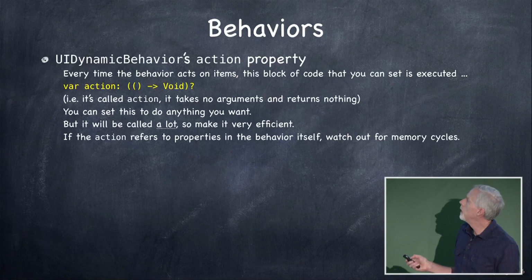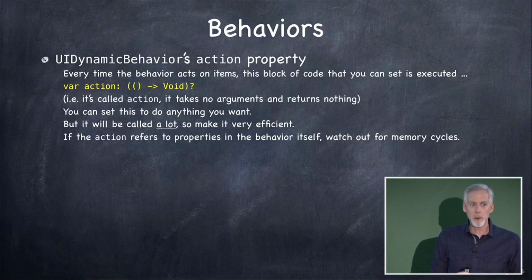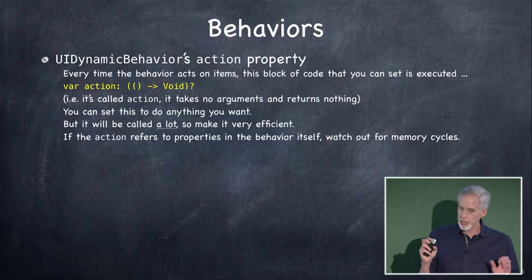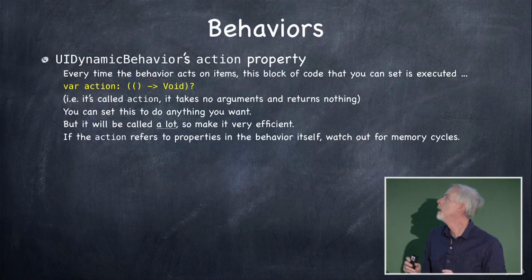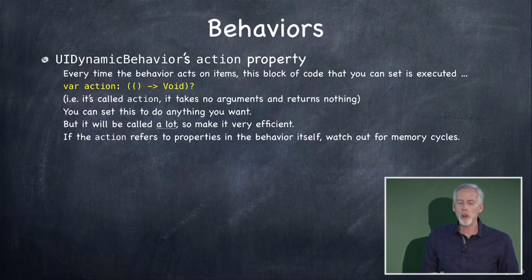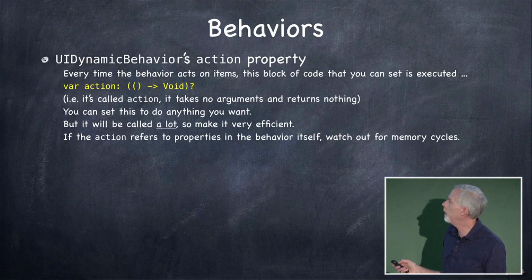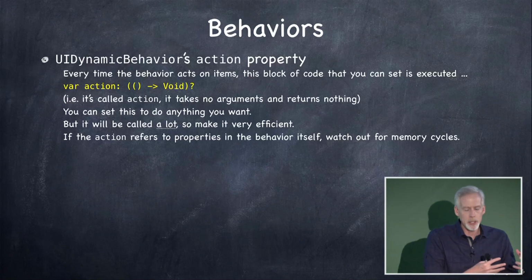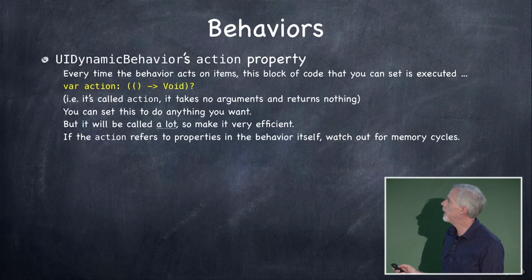So you want to be careful to make sure whatever's in this closure is really efficient. This is one of those cases where you do want to think about optimizing prematurely, because this could be called a lot. So you don't want to do anything expensive in here. But it's really cool because you can then get involved as things are happening in the animation.